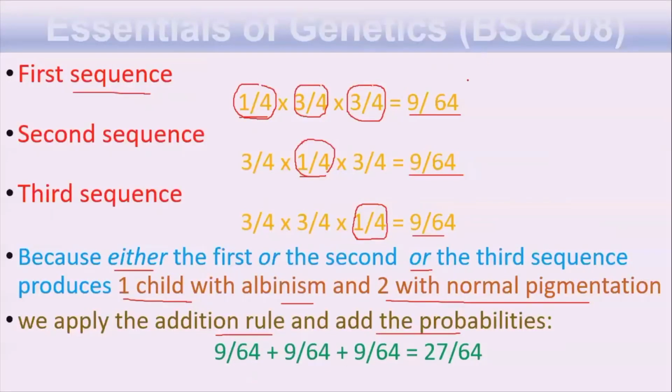We will add these three probabilities to get the probability of this couple having one child with albinism and two children with normal pigmentation. So this is the way to use the probability. This cannot be done very easily by using the Punnett square. So probability has given us an easy solution.